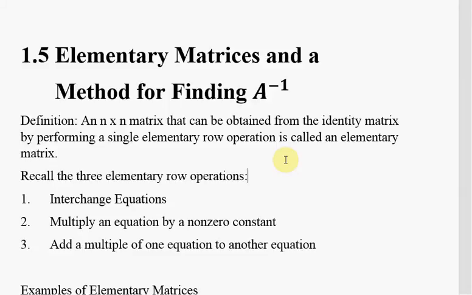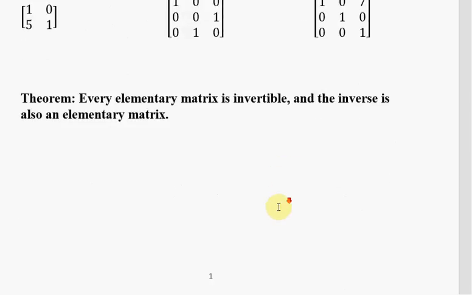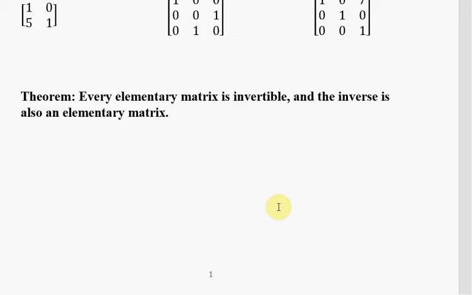So the elementary matrix is a very simple concept. First thing we want to do is to prove what I call the monster theorem. That's a theorem that we will begin with here in this section, and then as we go throughout this course, we will add other equivalences to this particular theorem.